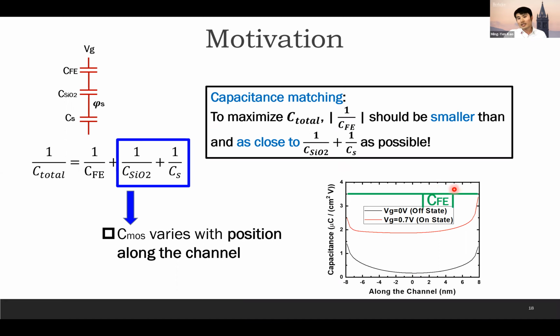So we plot this C_FE as a fixed value here, and it has to be larger, right? So it cannot cross over any bias condition's C_MOS. So this is the optimized capacitance matching for this benchmark, the conventional NCFET.